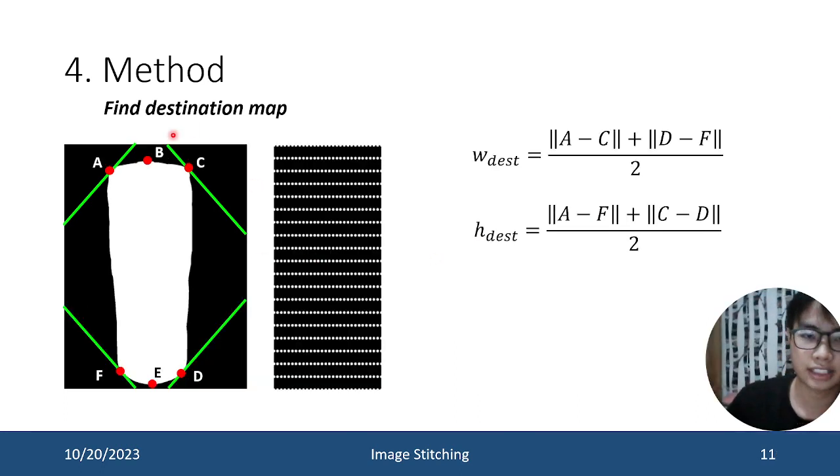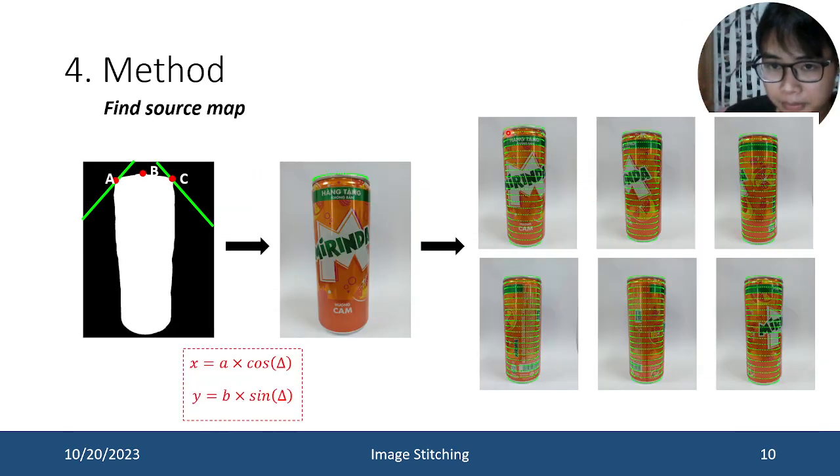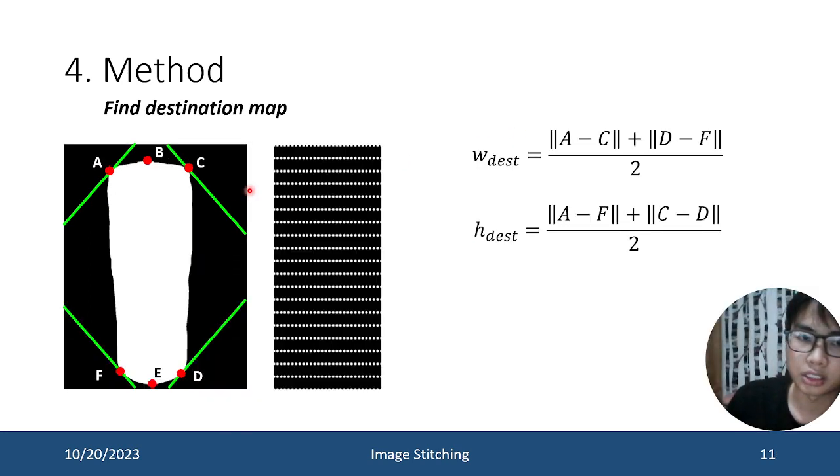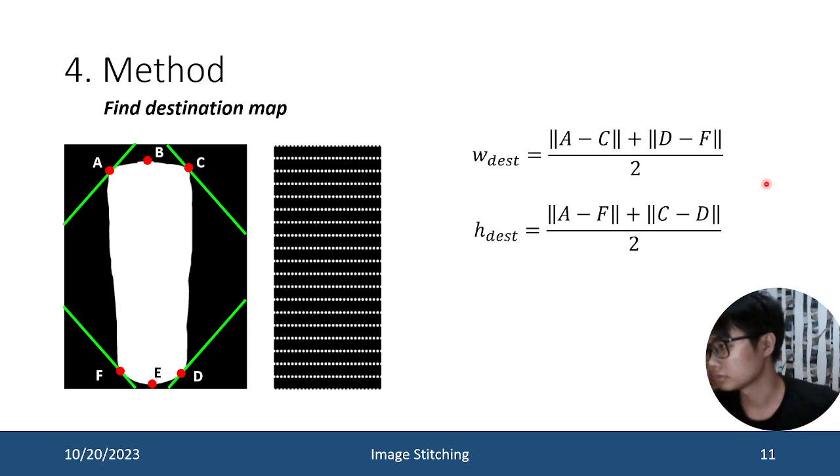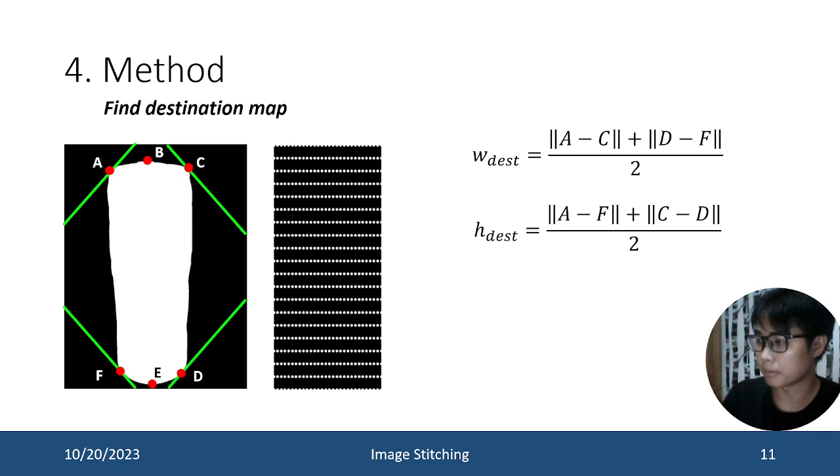Here is the destination map. By having the mask in the previous step, we calculate the destination map using this equation, A plus C. Similarly, the average width is obtained by taking the average of two distances and multiplying by pi divided by 4.